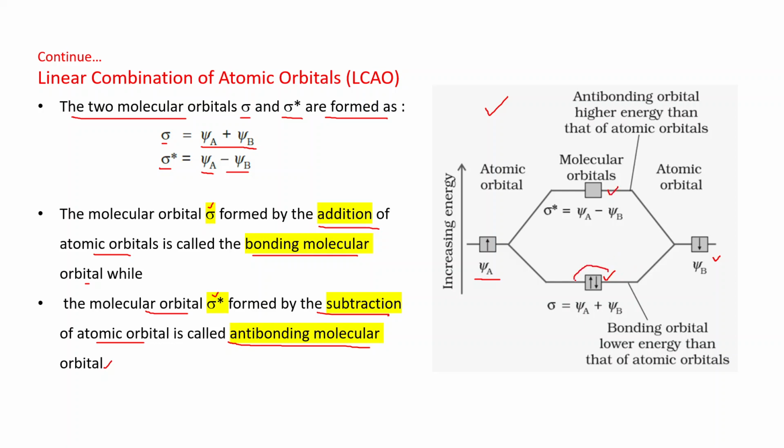This molecular orbital, which has lower energy than the combining atomic orbitals, is represented as sigma, and is known as the bonding molecular orbital. It has lower energy than that of the atomic orbitals. And this sigma star represents the antibonding molecular orbital. It has higher energy than that of the atomic orbitals. Is it clear?